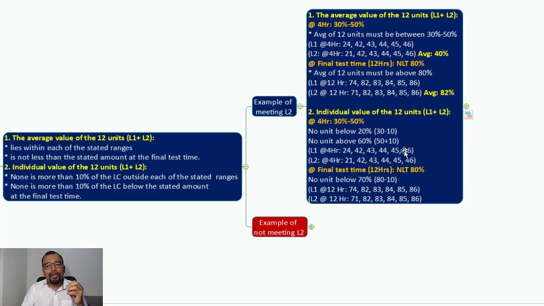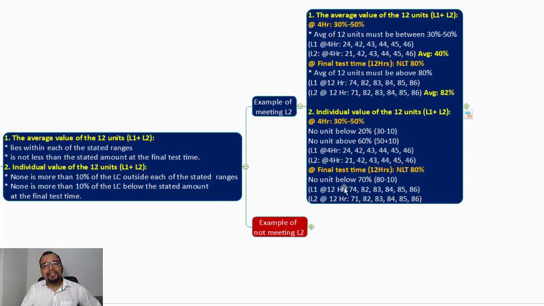Now what is the individual value requirement for all these 12 units? At the 4th hour, our limit is 30 to 50%, so no unit is below 20%. And how have I calculated the 20? Because of this particular sentence: none is more than 10% of the label content outside each of the stated ranges. So I need to take 10% below my lowest range, and 10% above my highest value.